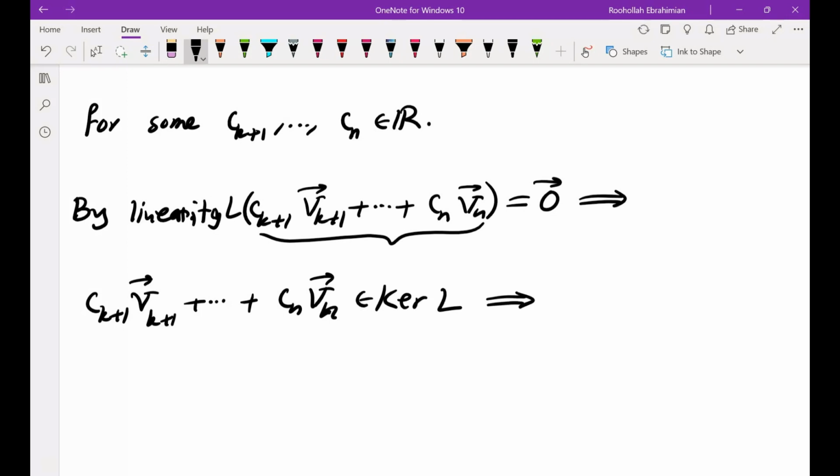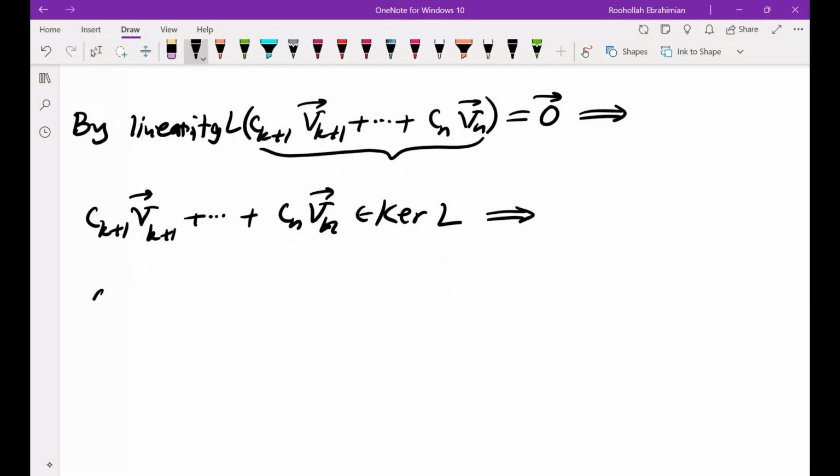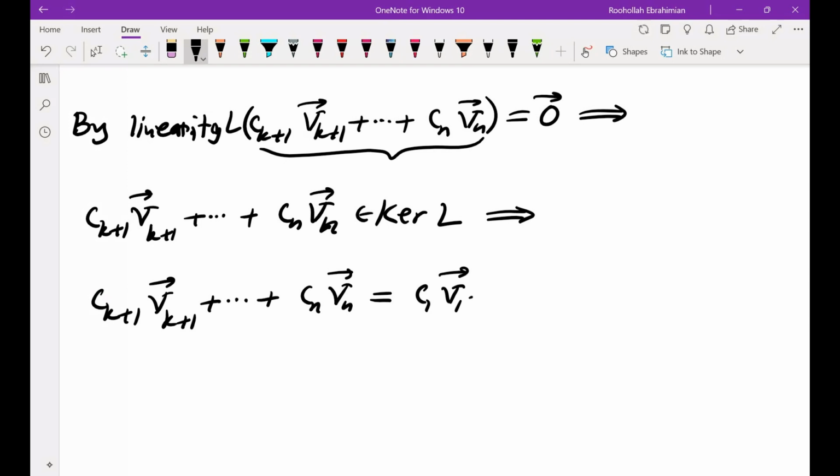But what does that mean? It means c_{k+1} v_{k+1} all the way to c_n v_n is a linear combination of v_1 through v_k. Why?